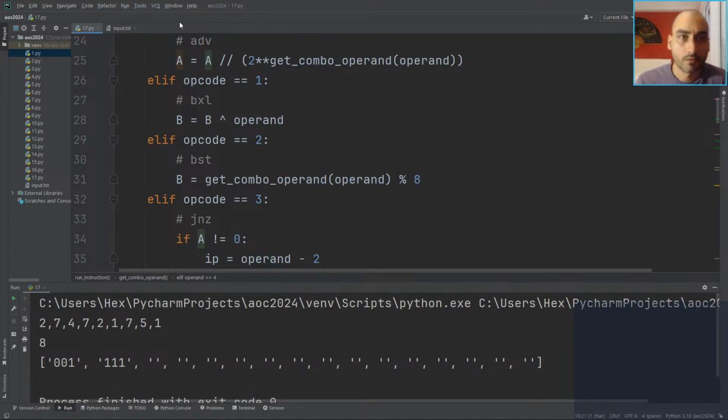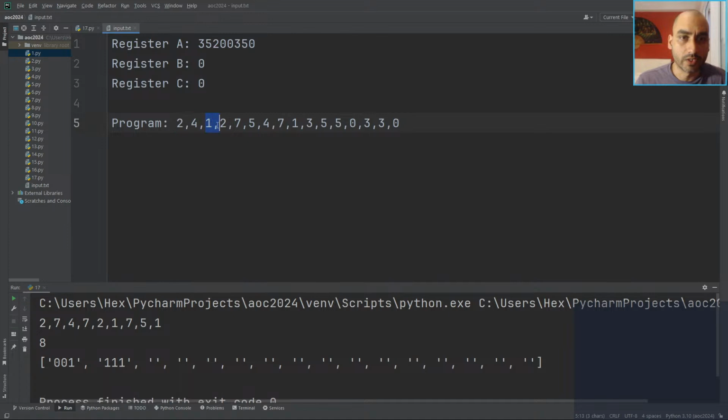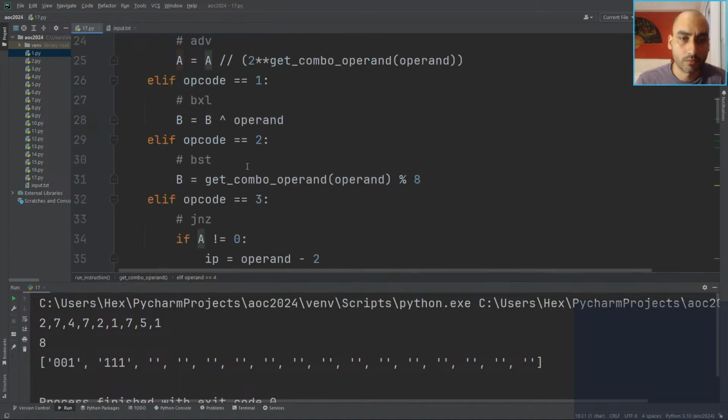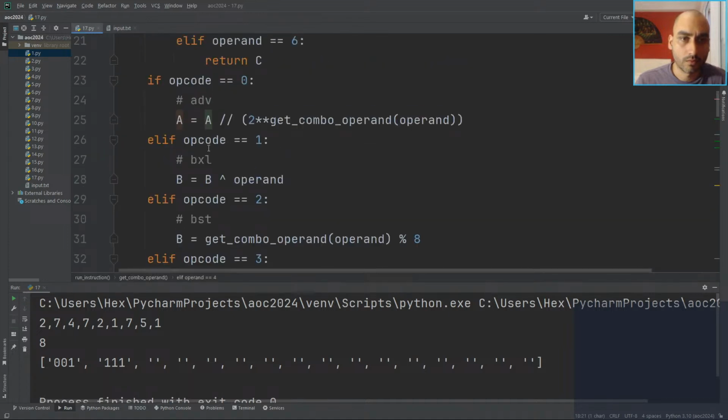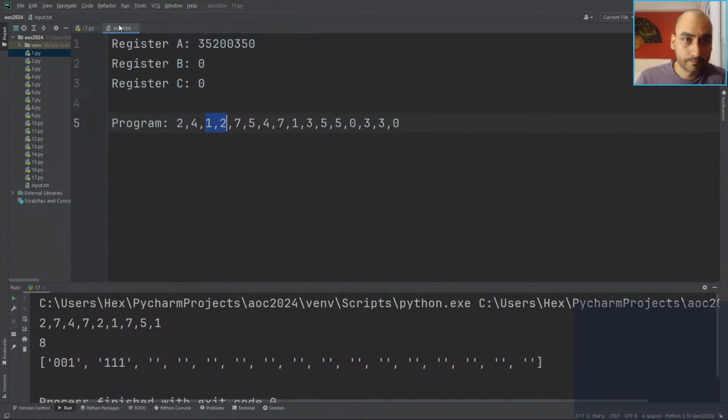Alright. Then the next slot is 1, 2. Operand is 2. Alright, so we do that. XOR 2. Then we go 7, 5.